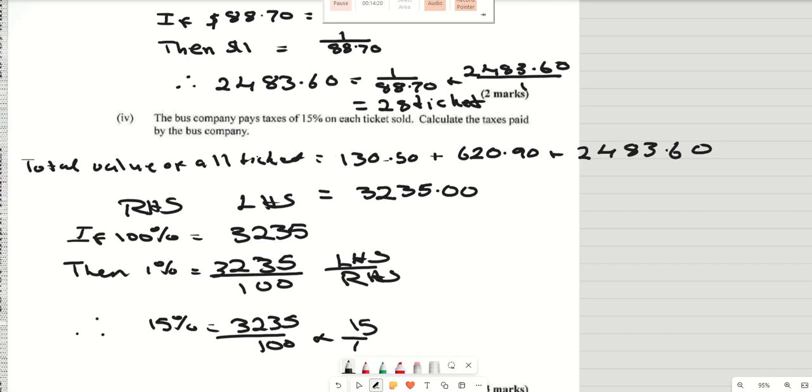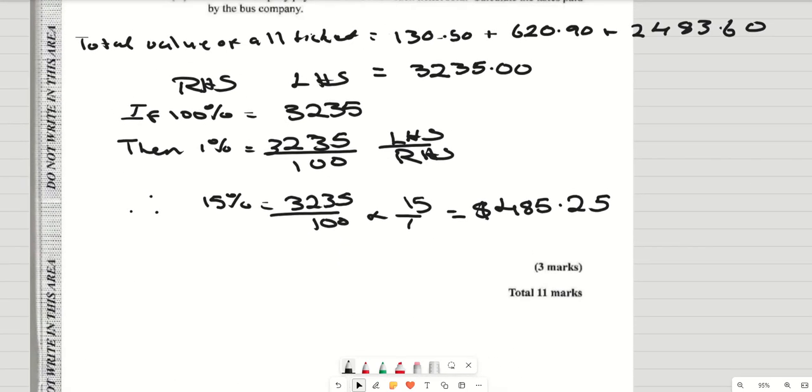When you put this in your calculator, you're going to get $485.25. And that would be the answer for this question. Right, okay, and that is the end of January 2017, number 1.